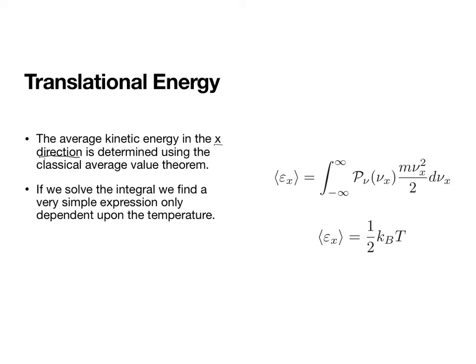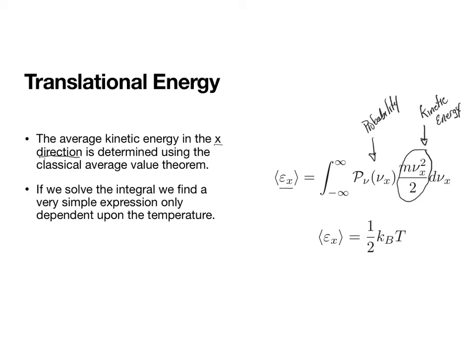Because kinetic energy is not a quantized energy, remember, you can go any speed that you want in your car, we can get the average value of this energy using the classical average value theorem, which is taking this energy, this is our kinetic energy, times the probability, and integrating over all space.